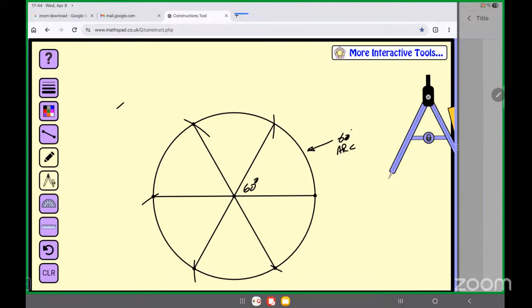That arc is subtended by an angle of 60 degrees, and that arc subtends an angle of 60 degrees. So once you have an arc and you set the radius and you keep forming consecutive arcs, all of those arcs will be 60 degrees. All right? That's the first thing I want you all to be aware of.